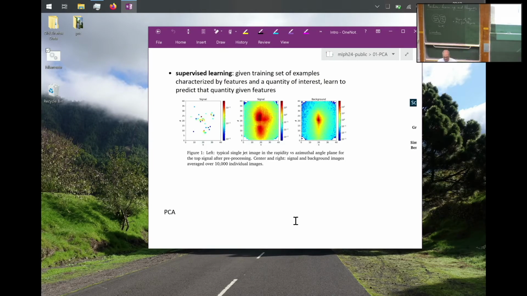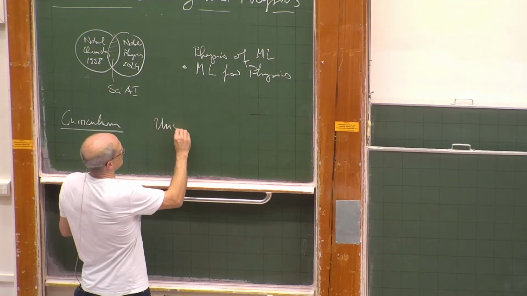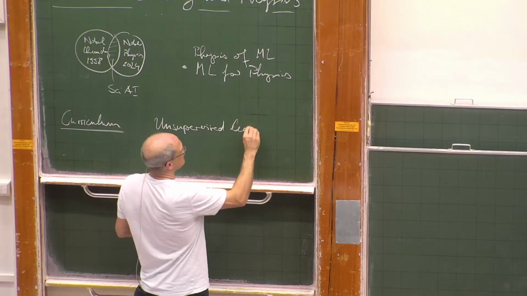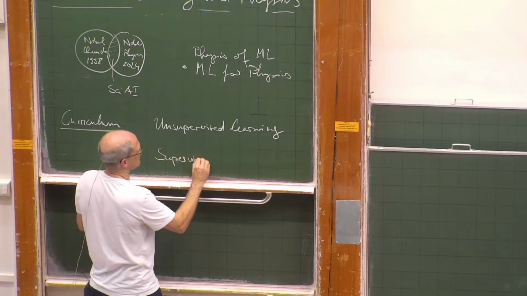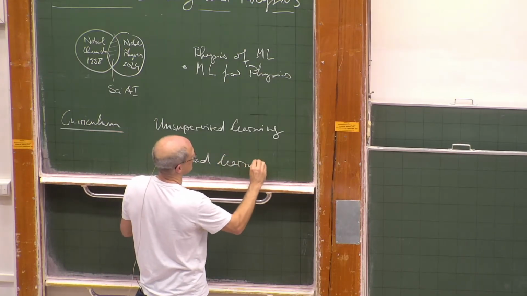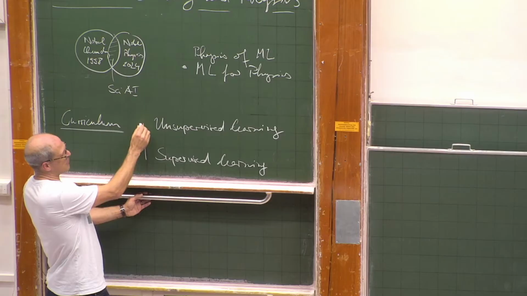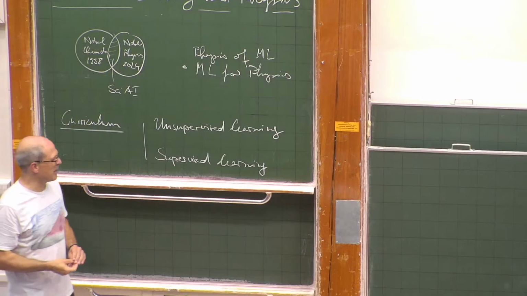All right, and for the last many years, there was this spectrum of unsupervised learning and of supervised learning. And this has always been a continuum, but for most methods, it was easy to say whether they are rather on the one or on the other end of the spectrum.